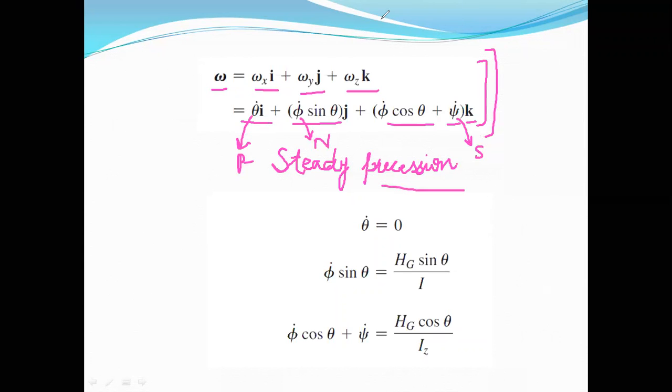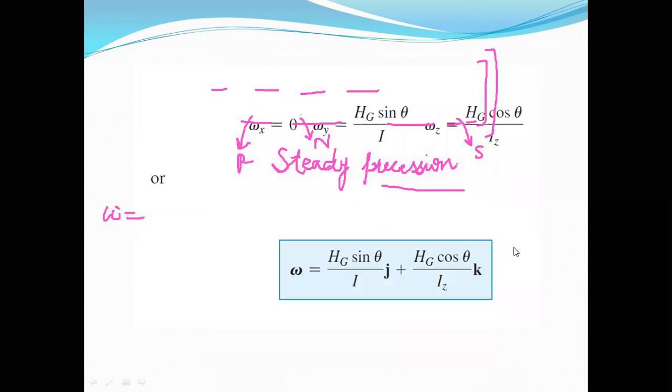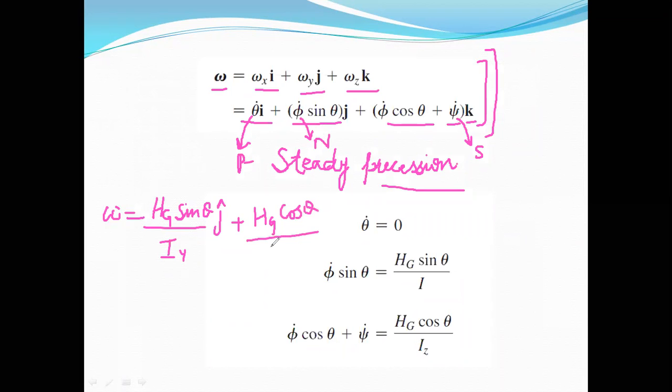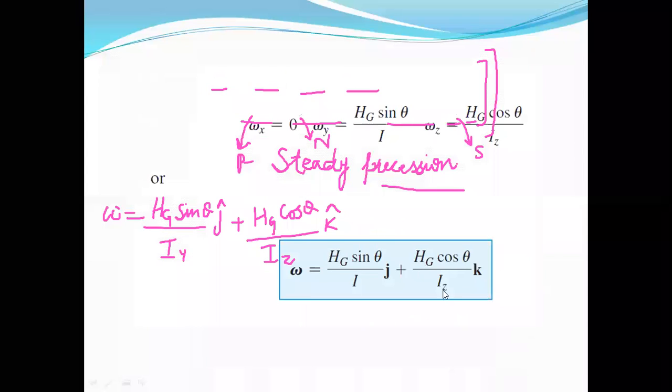Now, the equation that we have in hand today is omega is equal to hg sine theta by Iy along j cap, where Iy is the moment of inertia about the y-axis, plus hg cos theta by Iz along k cap.